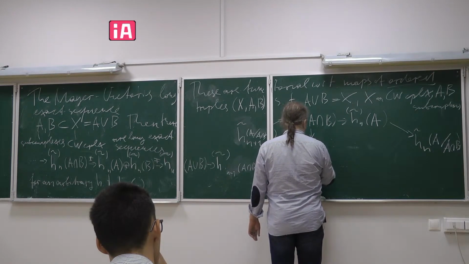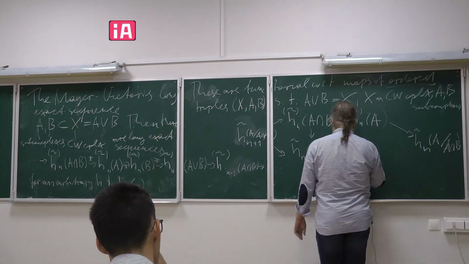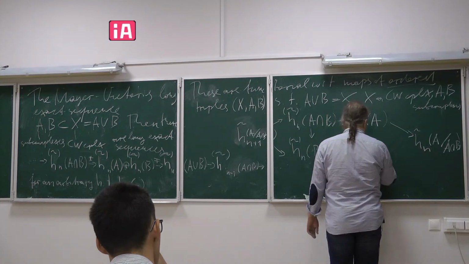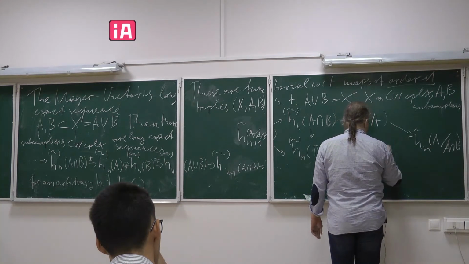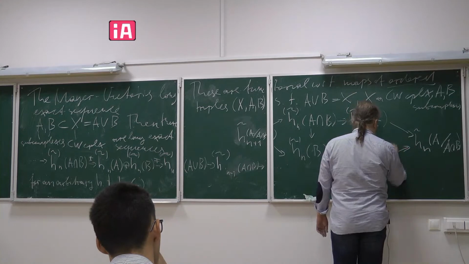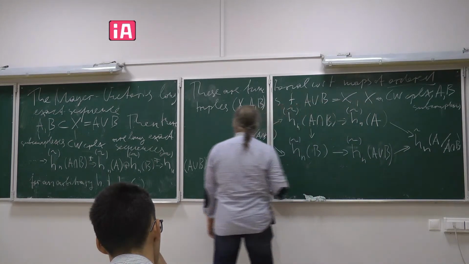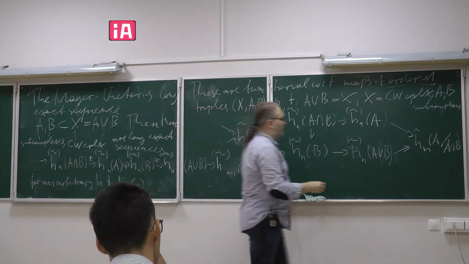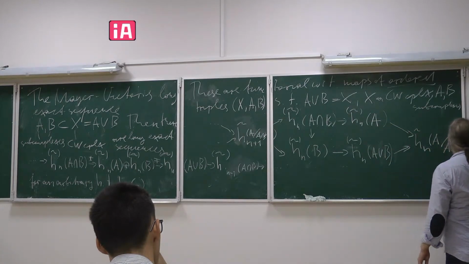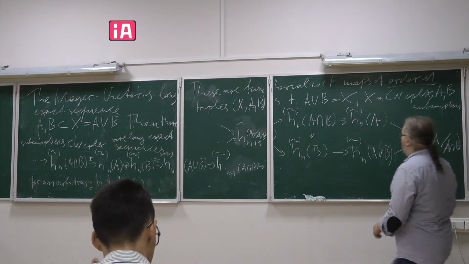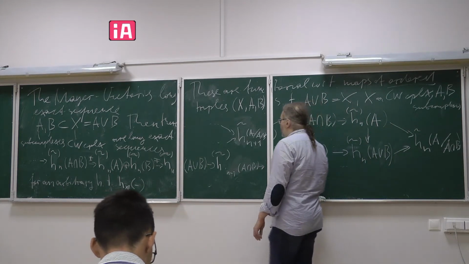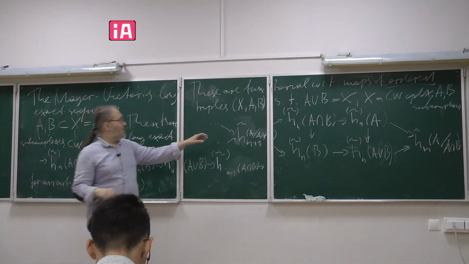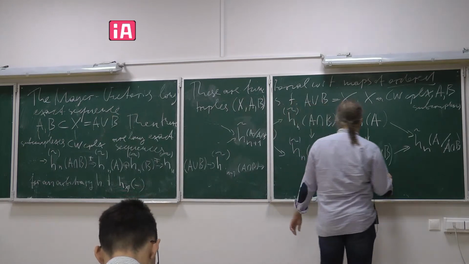I need to take B. Okay, so I have two exact sequences for the two couples.